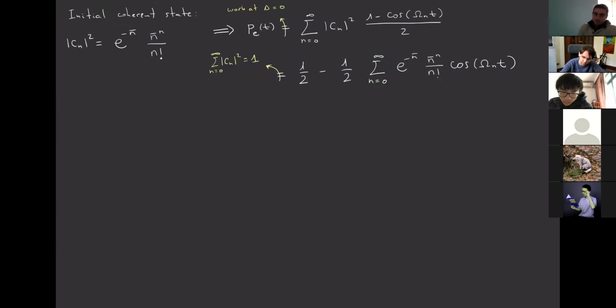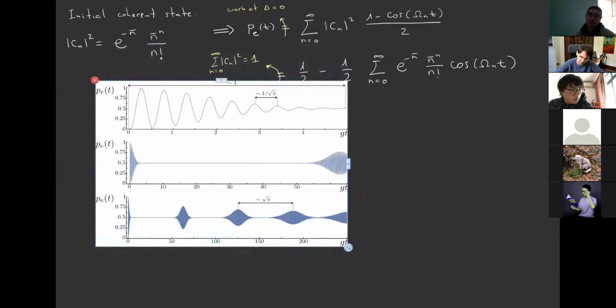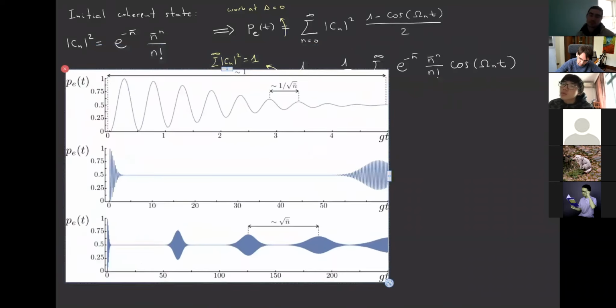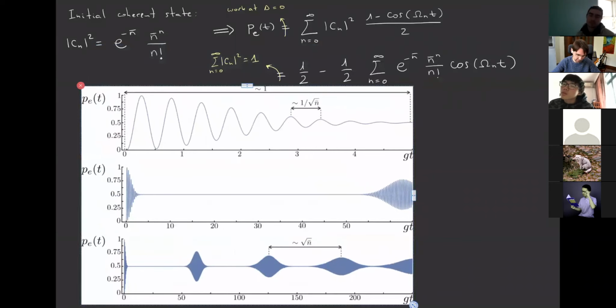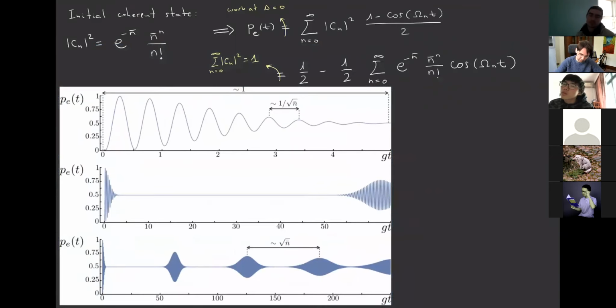And then what we get is the following. So let me show you here. I hope you can see it. Forget for a second about the second and the third plots, just focus on the first one. I am plotting here the probability of being excited as a function of time.